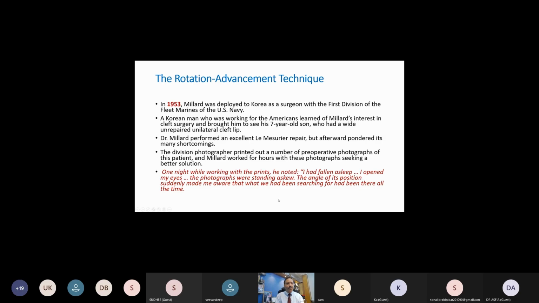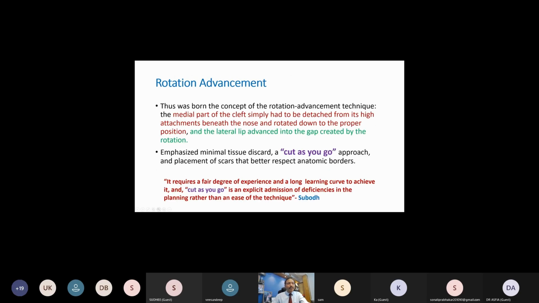The angle of its position suddenly made me aware that what we had been searching for had been there all the time." So he realized what he had to do. He developed a concept of rotation advancement. So thus the concept of rotation advancement technique was born.